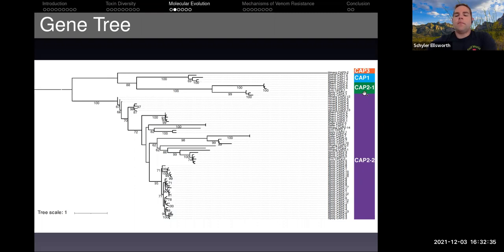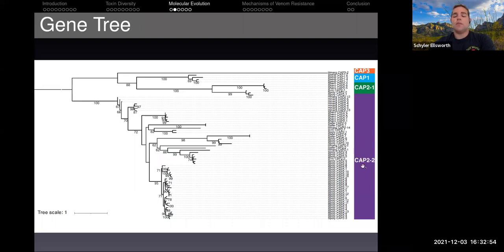And we have 2 different functions with these different CAP proteins. So these CAP proteins here on the top, shown in green, are associated with serine protease inhibitors, so they inhibit different types of proteases.